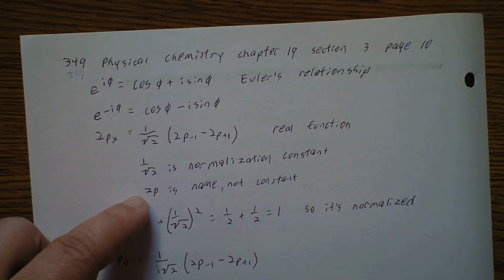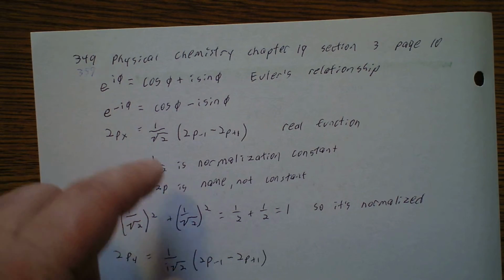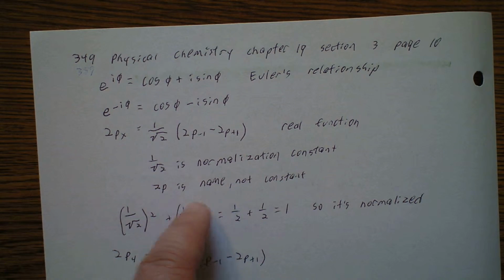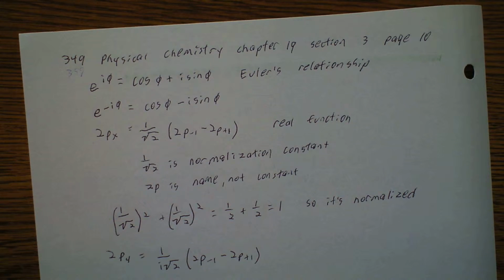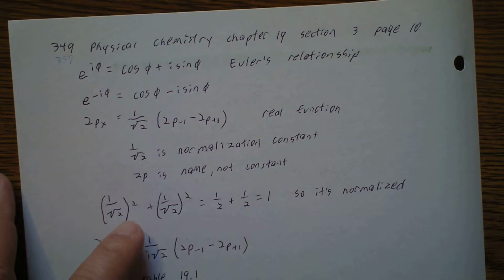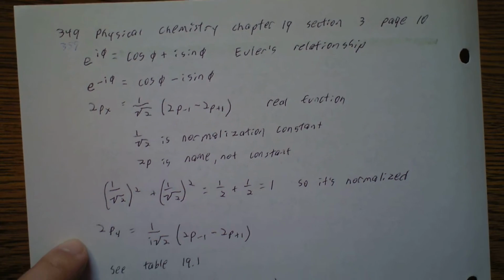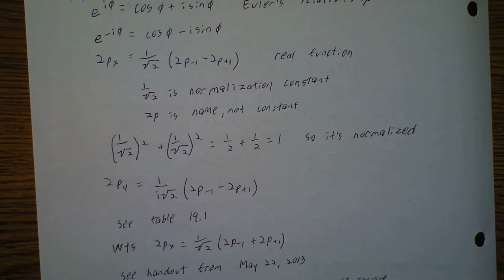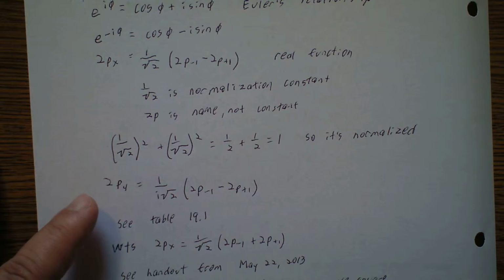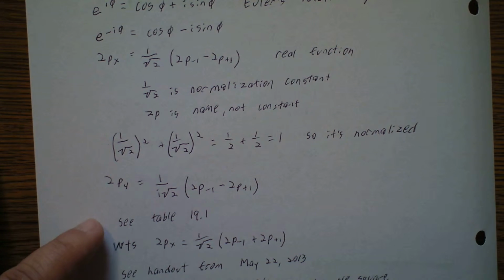Now 2p, that's the name of the function. That's not a constant. So we have 1 over the square root of 2 squared plus 1 over the square root of 2 squared is equal to 1 half plus 1 half equals 1. So that's normalized, because remember, if it's normalized, the function should add up to 1. And then 2py is 1 over i square root of 2 times 2p minus 1 plus 2p plus 1.